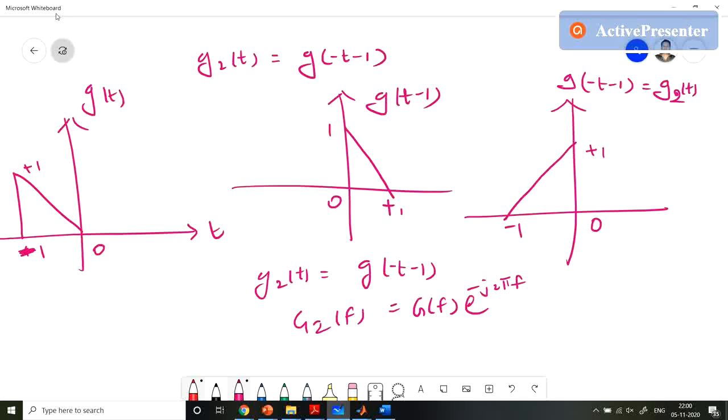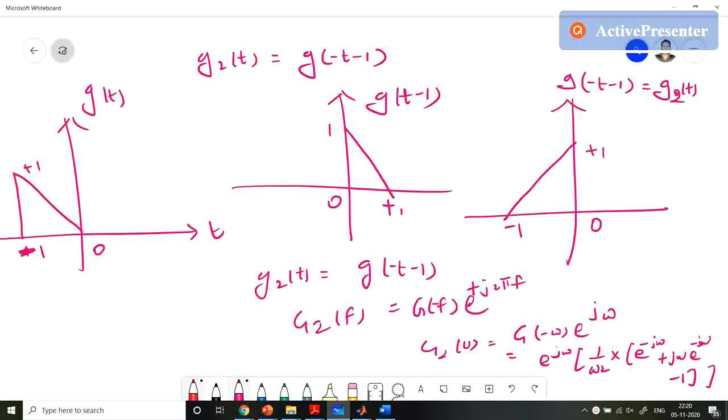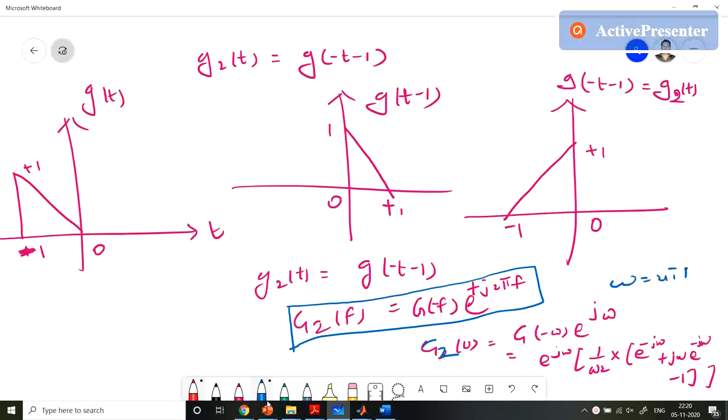G2t is G minus t minus 1, and the Fourier transform is G2f equal to G minus f e raised to the power j 2 pi f, and in terms of Fourier transform we can write it as G2 omega equal to G minus omega e raised to the power plus j omega, where omega is equal to 2 pi f.